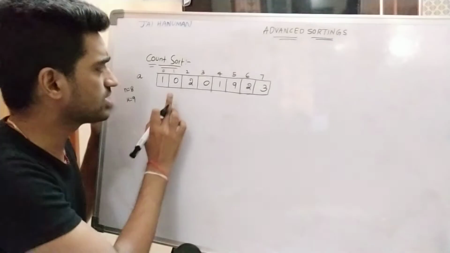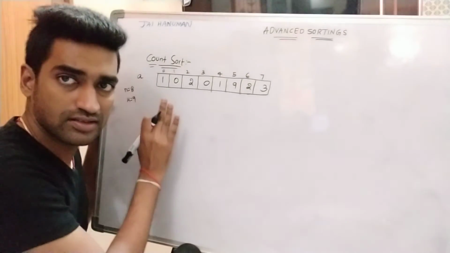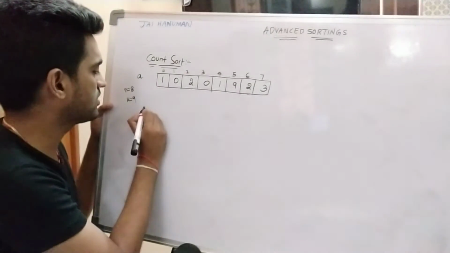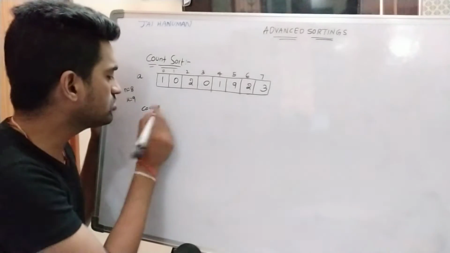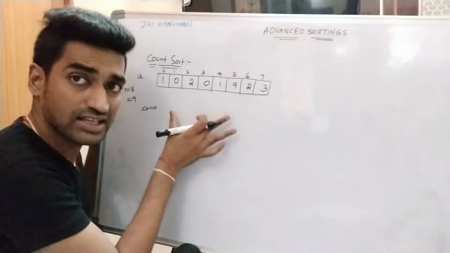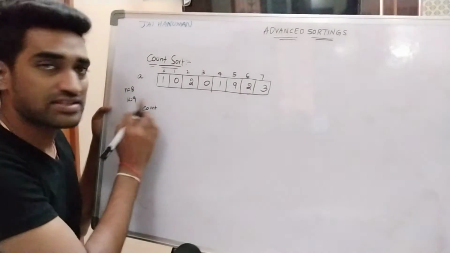Then we can count the number of elements in the array with the help of a count array. So here I am taking one more array, count. How to set the count array size? The count array size is always k plus 1.